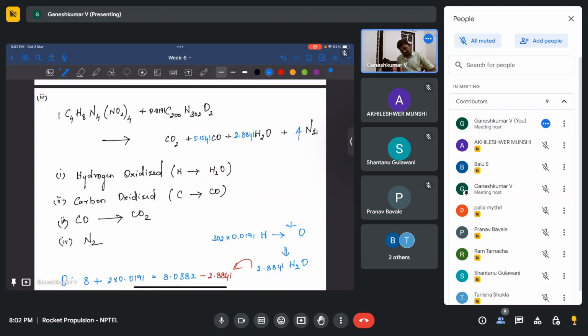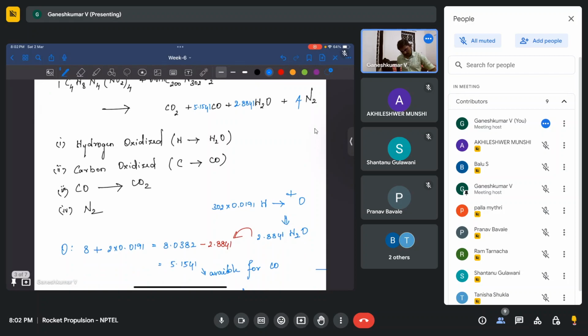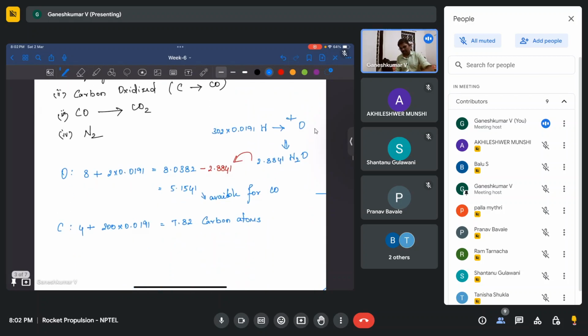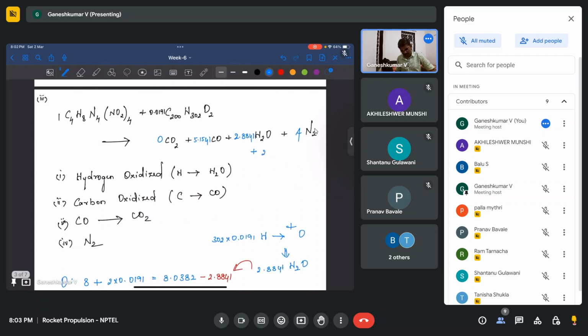Which means I cannot form any CO2, but I will be left with some carbon atoms. 7.82 minus 5.1541 is 2.6659 carbon atoms, just C. It just remains as C because all the other things have formed into CO, and the remaining thing just remains as C.